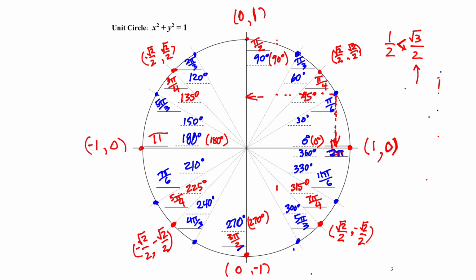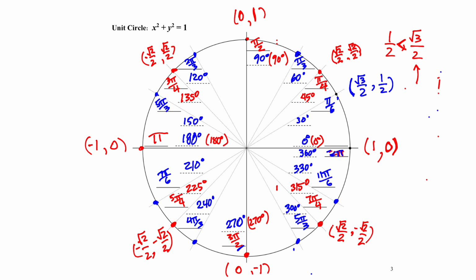And so for this first one, the x value has the root 3 over 2, and the y value is at 1/2. Larger, closer to 1 here, and then closer to the middle. Well, actually at the middle. So root 3 over 2 and 1/2.